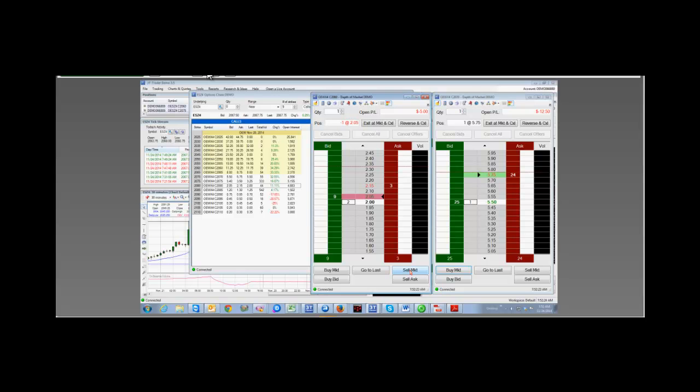We've got these legs right here. The 2070s and 2080s are currently out of the money. We want this market to go up where these become in the money. The ultimate goal here is for the market to rally by the time our expiration comes through. We want both of these legs to end up in the money.